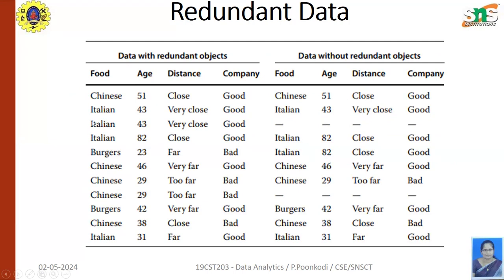You can see this second entry, Italian, 43 age, very close distance, good company. The same entry is repeated in the third row also. It is removed in this rectified table. Likewise for Chinese also. If a particular statement is repeated more than one time, it is identified and removed.